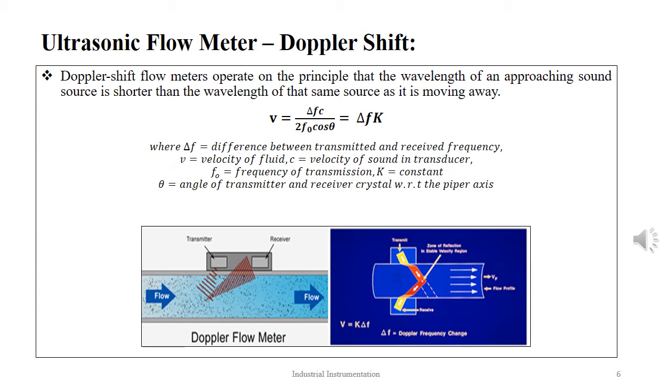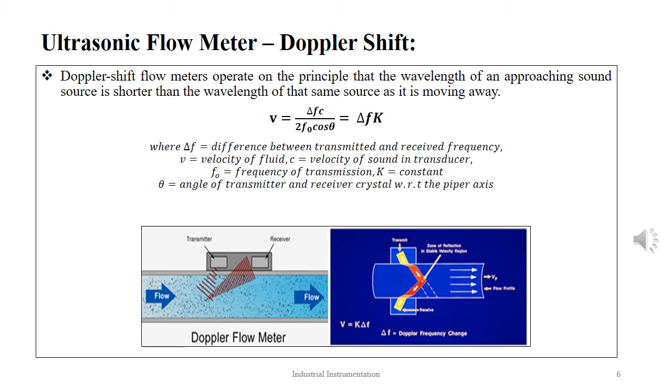The second type of ultrasonic flow meter is the Doppler shift flow meter. It operates on the principle that the wavelength of an approaching sound source is shorter than the wavelength of that same source as it is moving away. A transducer emits a sound wave which reflects off entrained particles or bubbles back to the transducer.